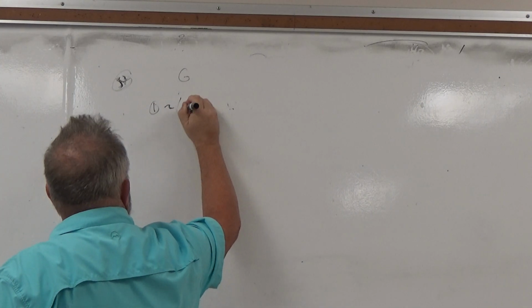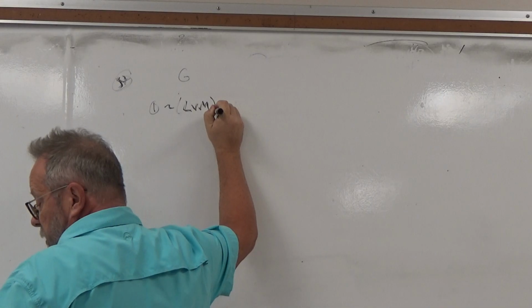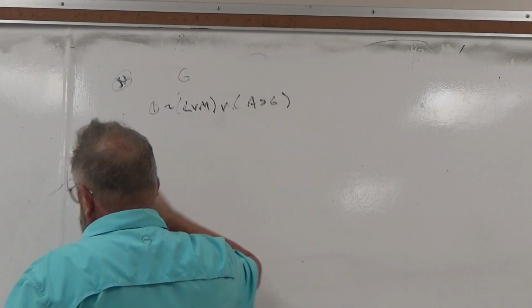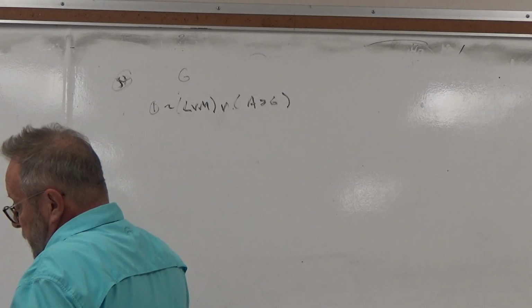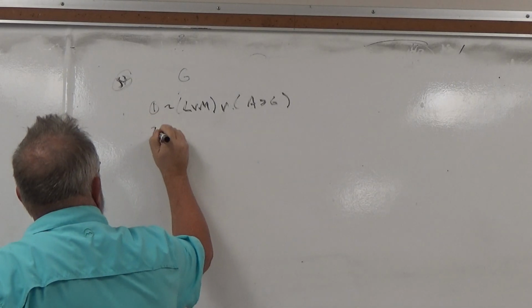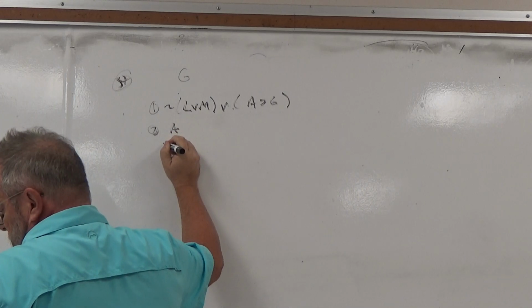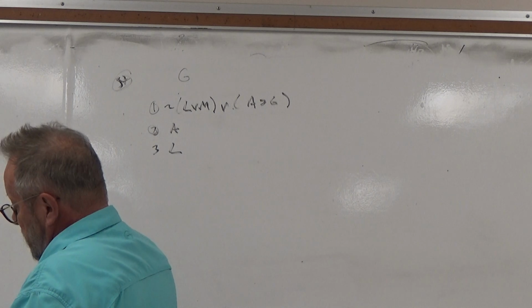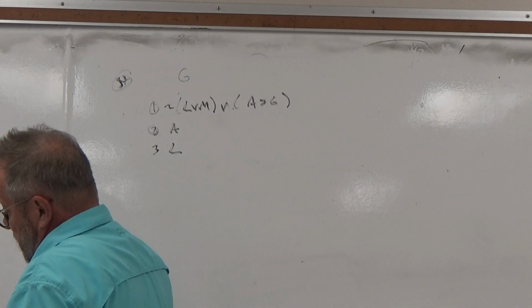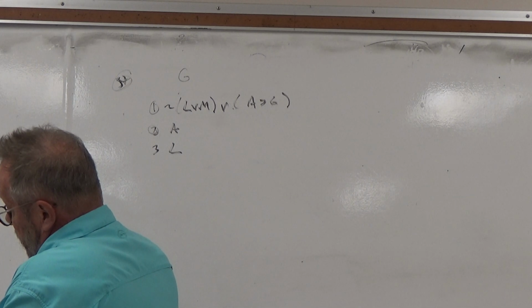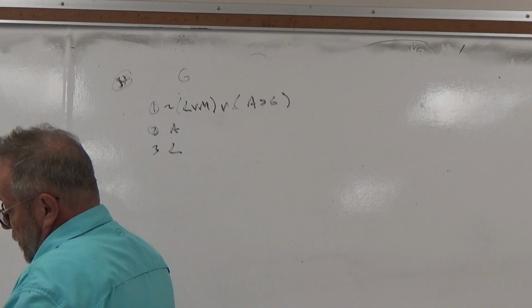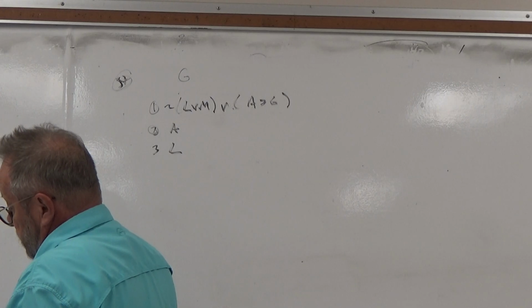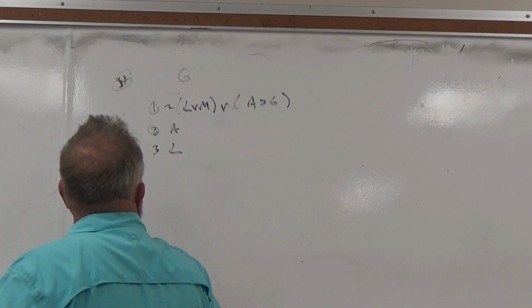Premise 1 is not L or M, or A then G. 2 is A, and 3 is L. I am in 5.2, right? This doesn't look familiar. In the right place. Okay.